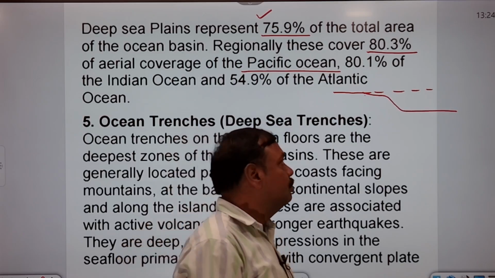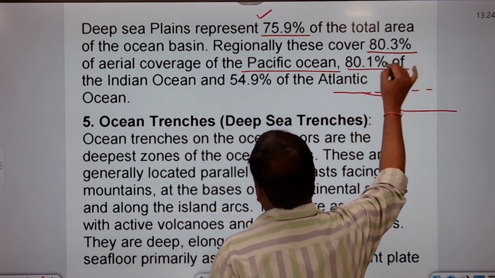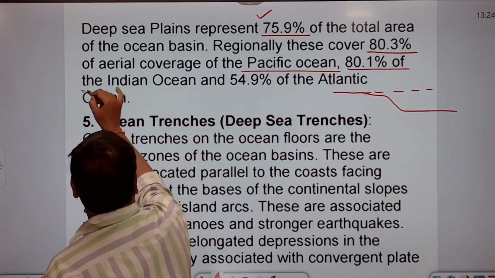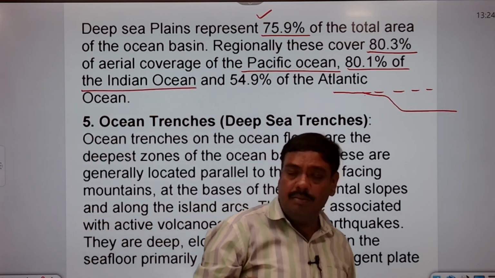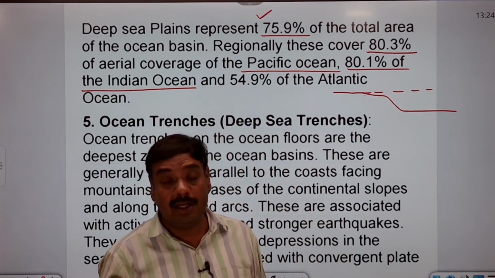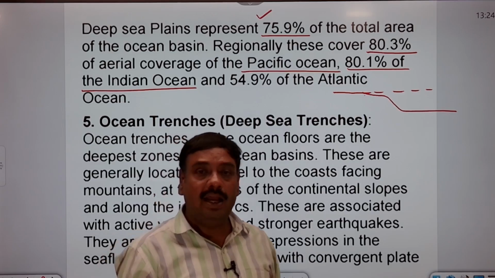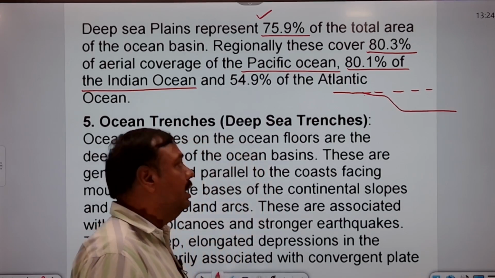Got it? Then 80.1% in the Indian Ocean. In the Indian Ocean again we have seen that the distribution of continental shelf and continental slope is lesser. So, that is why the region of deep sea plain or abyssal plain would be more.